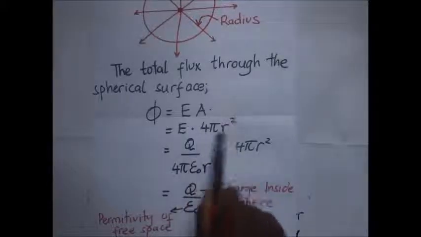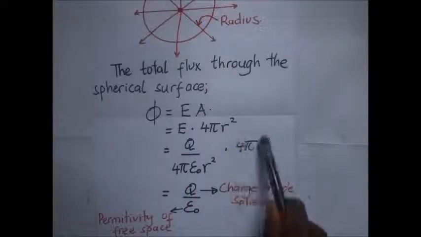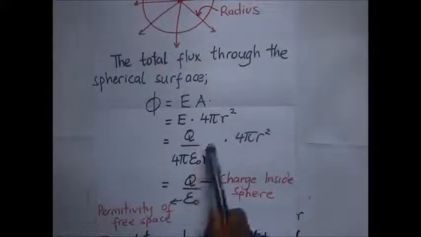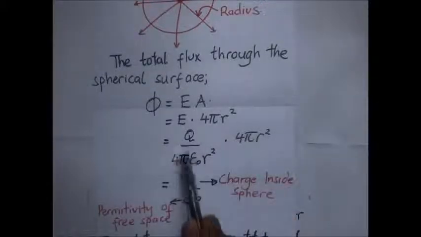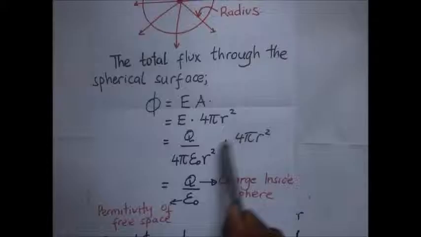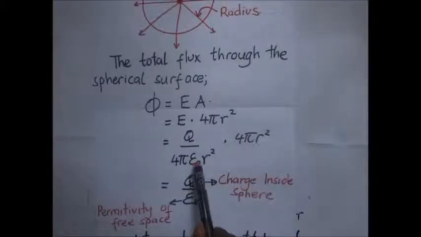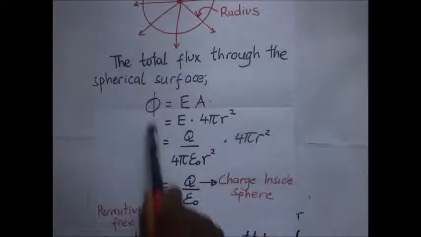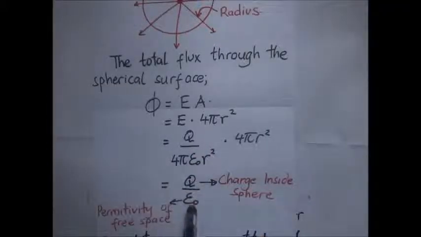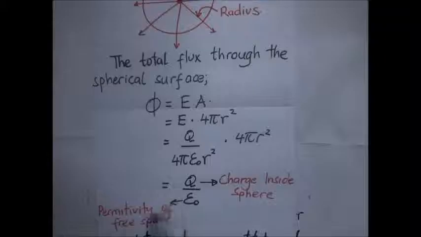Multiply that by 4 pi r squared, and when these common terms disappear, 4 pi disappears with 4 pi, r squared disappears with r squared, you remain with q over epsilon naught, and so you find that flux is going to be q over epsilon naught. Q is the charge that is inside the sphere, and epsilon naught is simply the permittivity of free space.